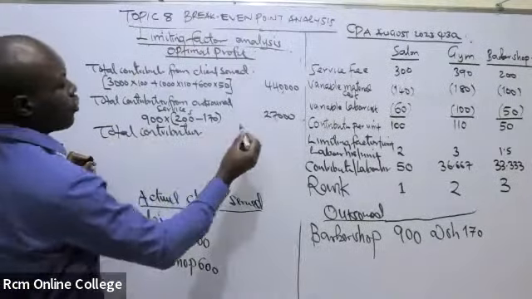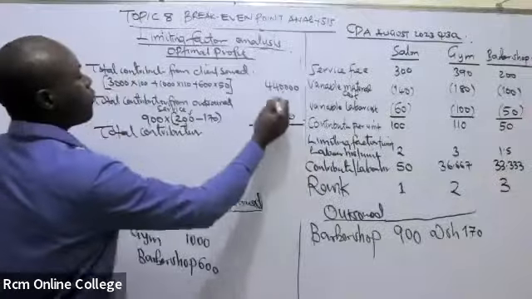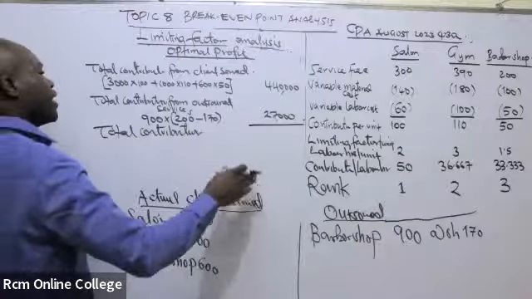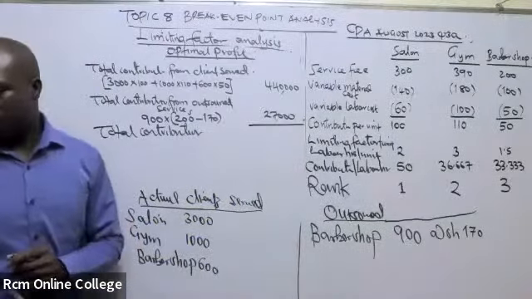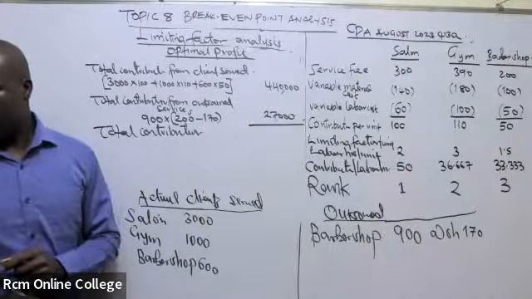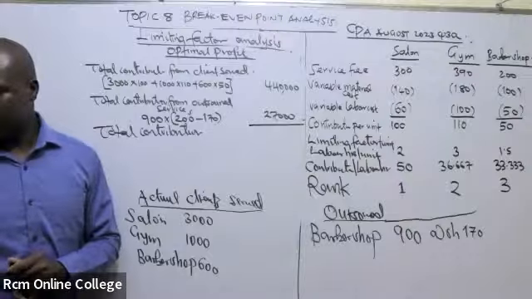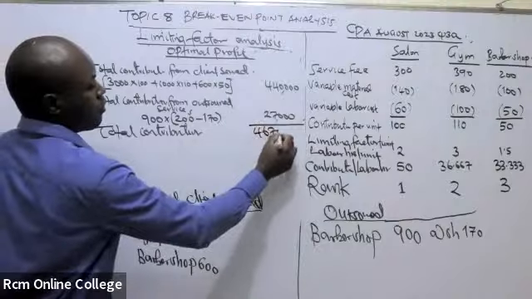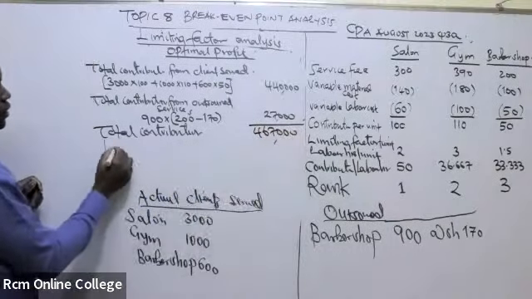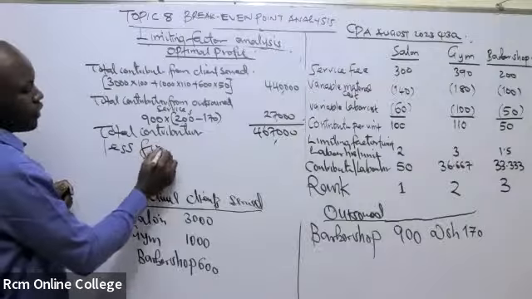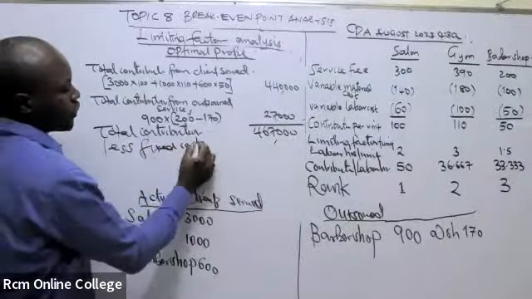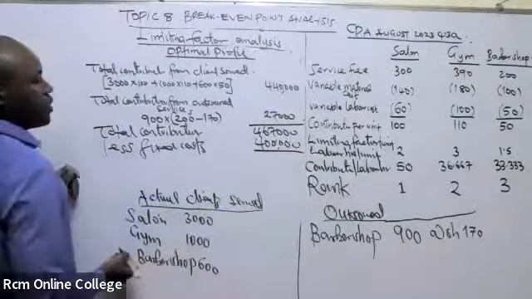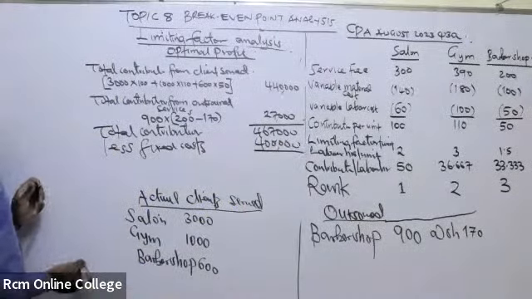So what is our total contribution? That is contribution from the services they offered internally and the contribution from the services that were outsourced. Itakuwa ngapi? 467. Then you now less fixed cost of 100,000.